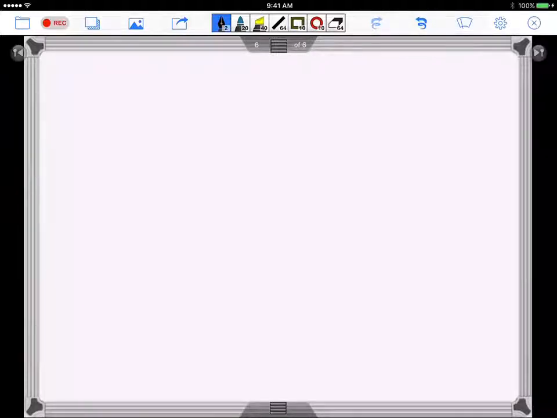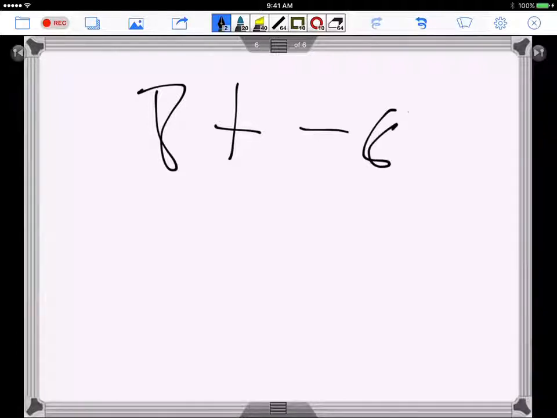Let's say if we have 8 plus negative 8. What do you do in this case? If you have a positive and its opposite, opposite means like the opposite of a number. So like the opposite of 8 is negative 8. And the opposite of negative 8 is positive 8.